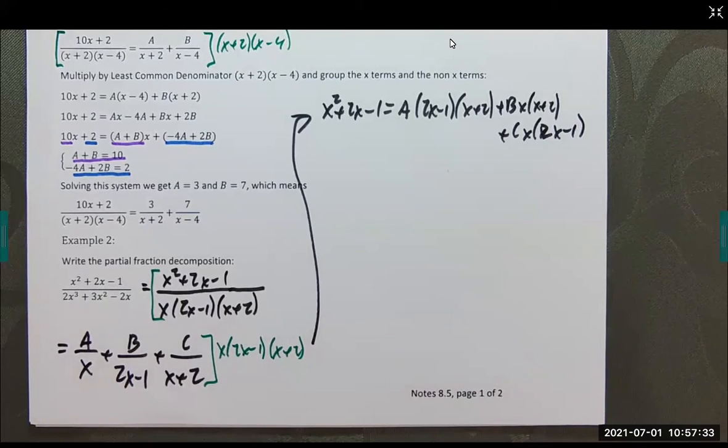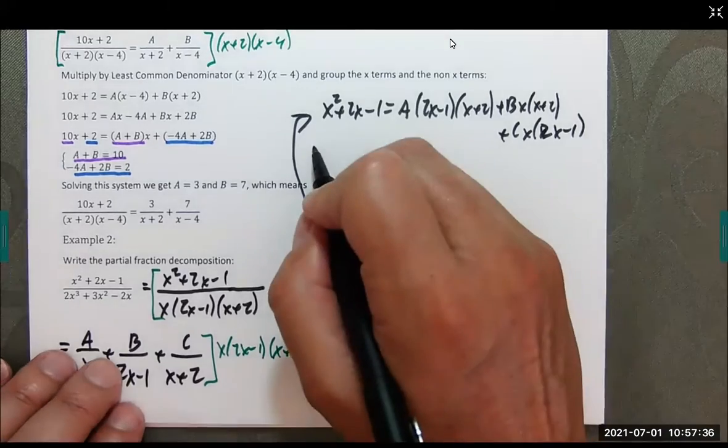And if we FOIL all of that and distribute, we get this.